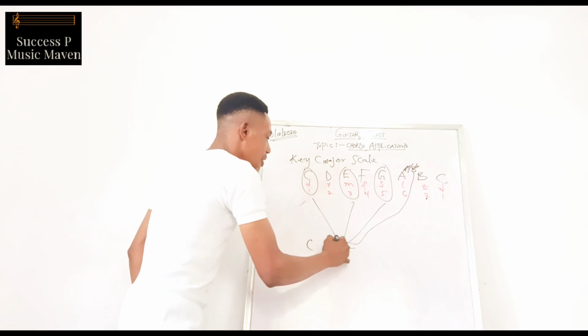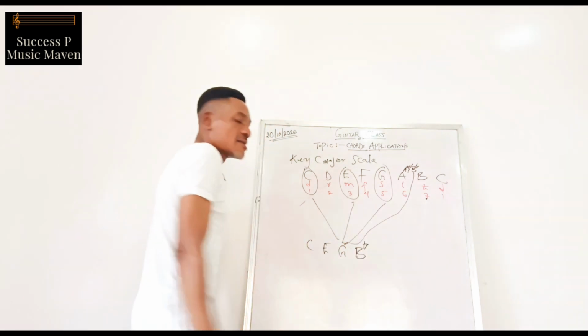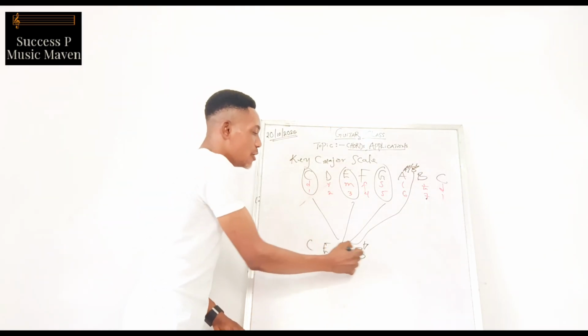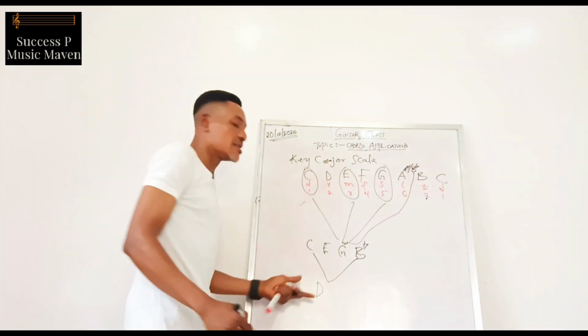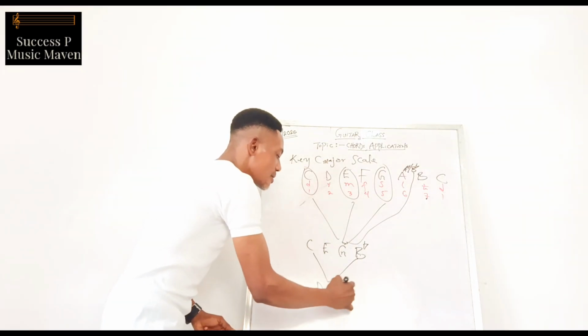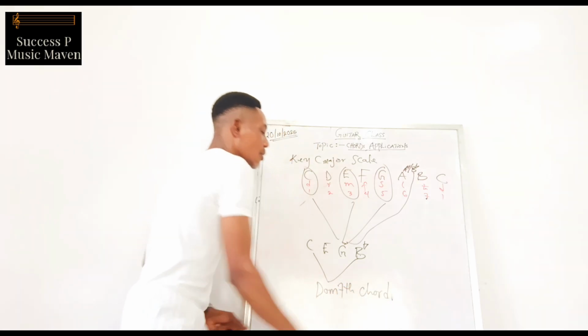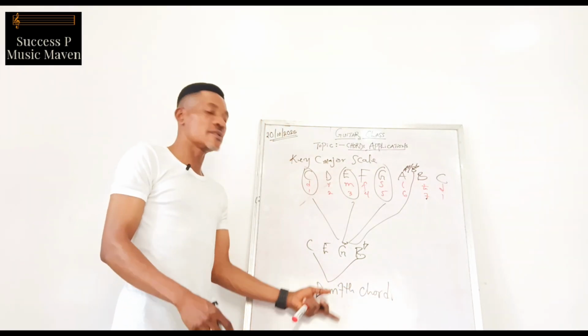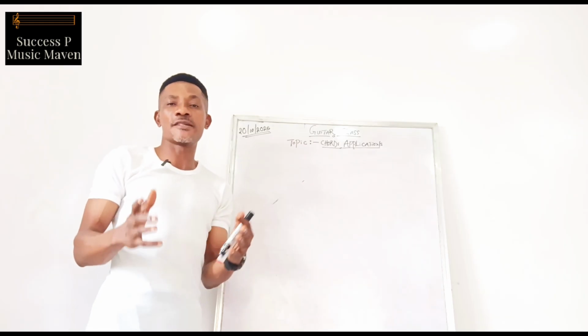C, E, G, and B flat. This is my dominant. This is C dominant 7. This is my dominant 7th chord, in the key of C. I believe we know how to build a dominant chord in the key of C major.